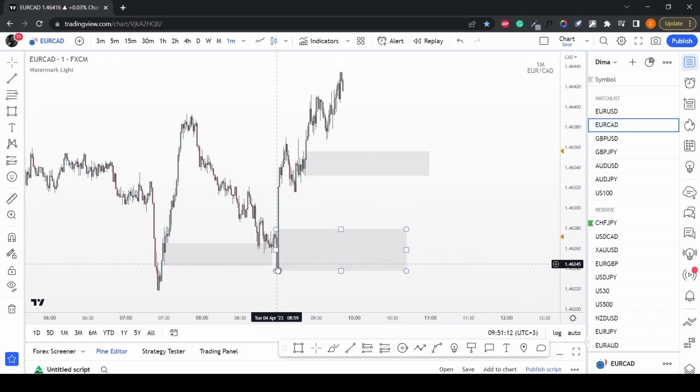Euro cut, so again, this really nice shift, but never saw mitigation. Then one more with inside structure build, then taking out this first move and moving higher.